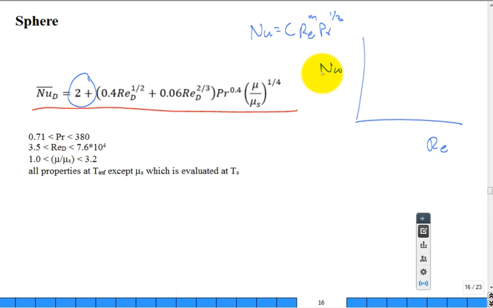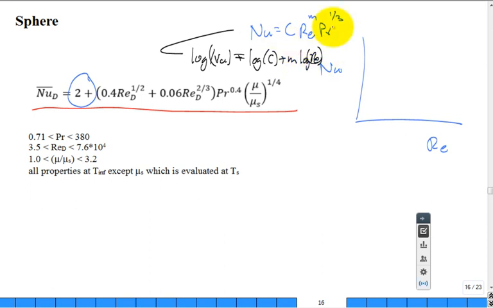first of all, because of this power, you'd probably want to take the log of this equation, and you would put the log of the Nusselt on one axis, equal to the log of c plus m log of the Reynolds number.